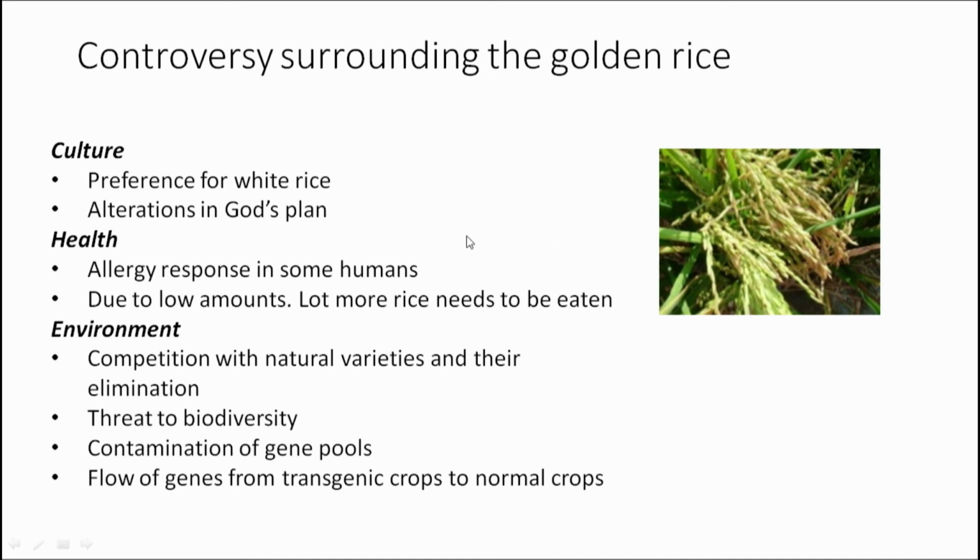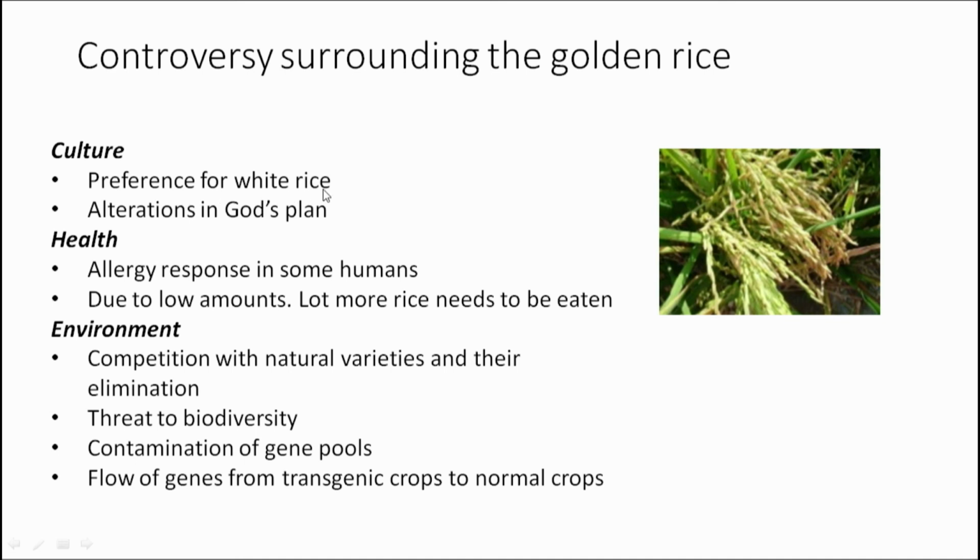Okay. Now, there are some controversies, because I do not want to leave you thinking that it is all very good for the transgenic crops, and there are some issues which are particularly in Europe and in some of the other South Asian countries. What are these issues? Now, there are many, this could be because of the culture. Many people would prefer to have white rice.